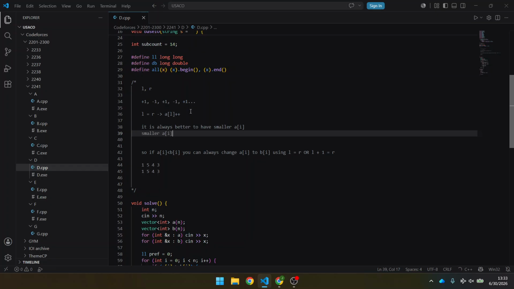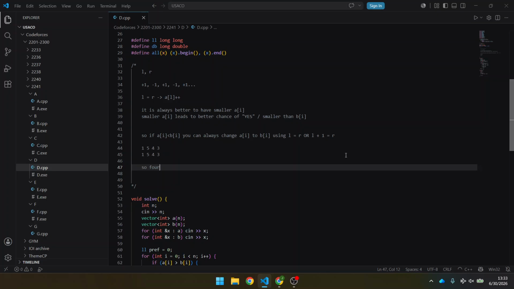Smaller AI leads to a better chance of being smaller than BI, because we want it to be smaller. Smaller is better. So if it's smaller, we can just move AI to BI, and then we subtract from AI plus 1.